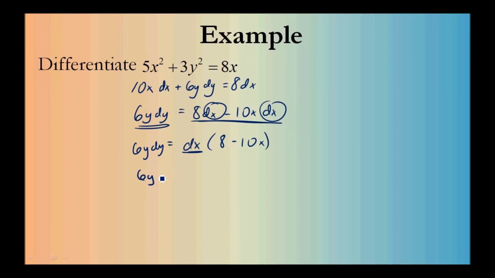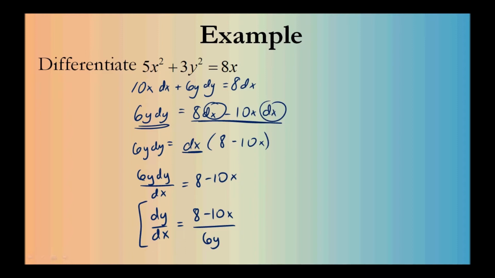So 6y dy/dx is equal to 8 minus 10x. Dividing both sides again by 6y, we get dy/dx is equal to (8 minus 10x) divided by 6y. So we found the derivative from this implicit formula that we were given.